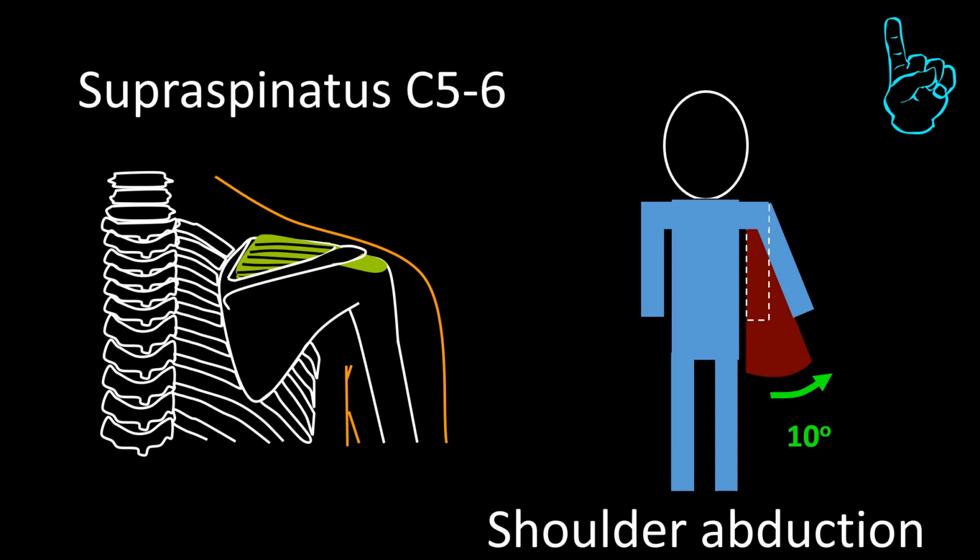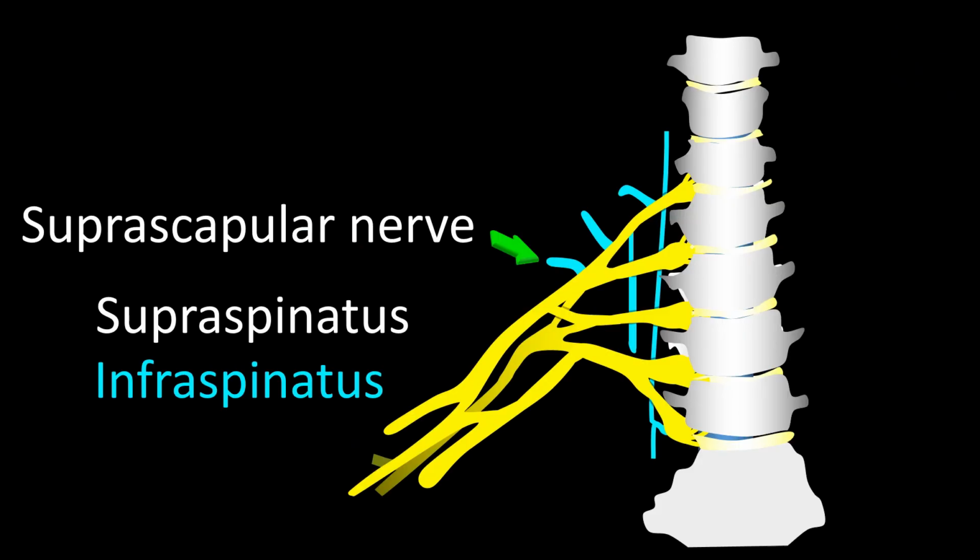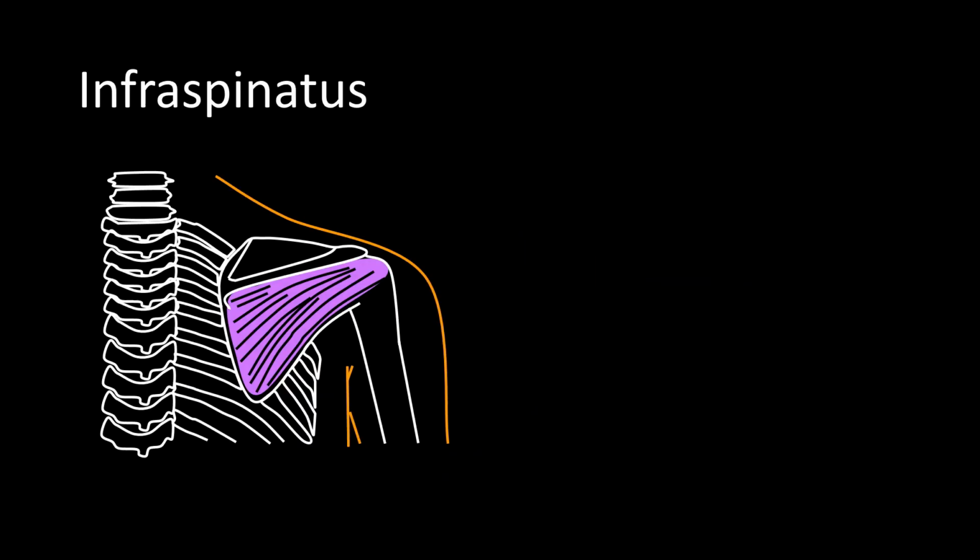It abducts the shoulder, but it only does so for the first 10 degrees. The second muscle innervated by the suprascapular nerve is the infraspinatus. The infraspinatus is a much larger muscle. It is innervated by fibers from C5 and C6 spinal segments.